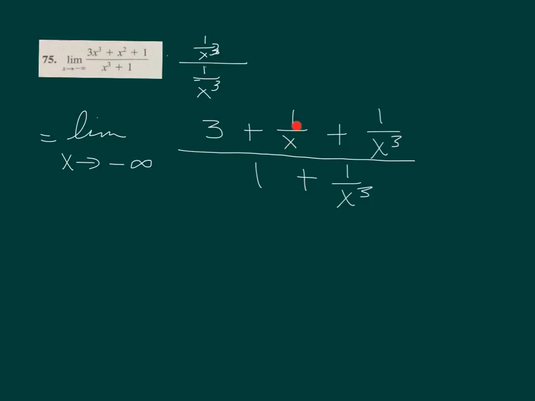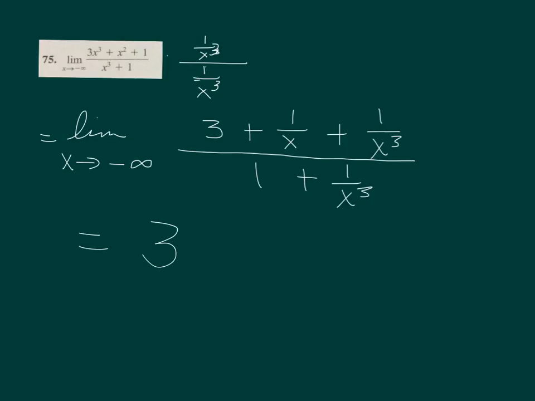So as long as you have a finite number on the top and the bottom is approaching infinity or negative infinity, that part of the expression will approach 0. So this will also approach 0, as will the 1 over x cubed in the denominator. So we end up with 3 over 1, which is 3.